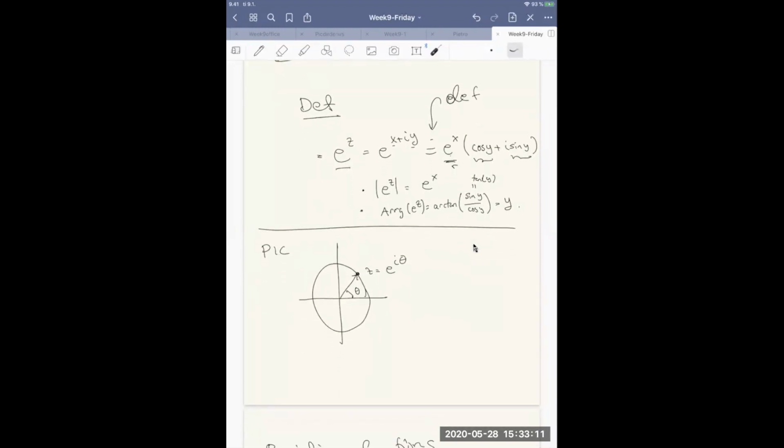Using this, we will mostly be working with x equal to 0. When x is equal to 0, we just have the imaginary part in the exponent. This factor becomes 1, and then we have e to the i theta is equal to cosine theta plus i sine theta.